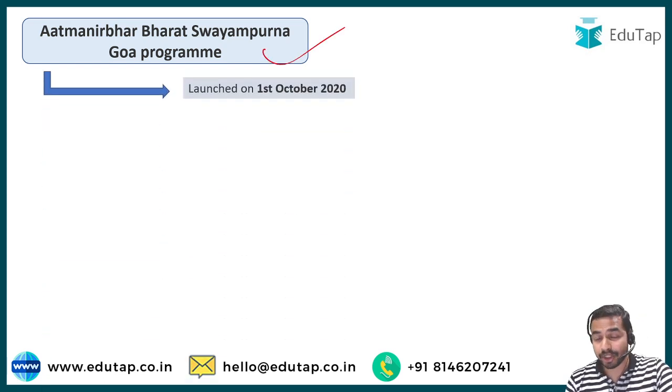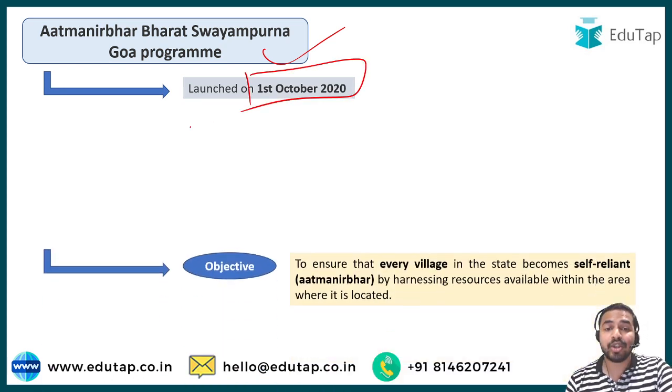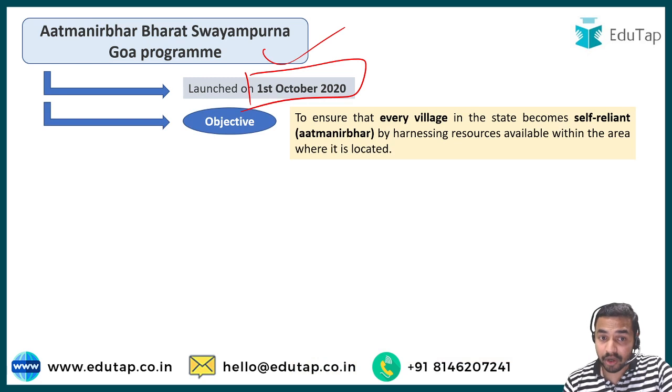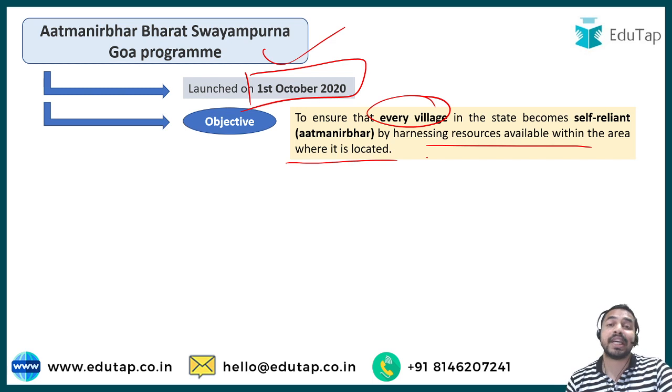If we talk about this program, it was launched on the 1st of October 2020, and the objective of launching this program was to ensure that every village in the state becomes self-reliant, that is Atmanirbhar, by harnessing resources available within the area where it is located.